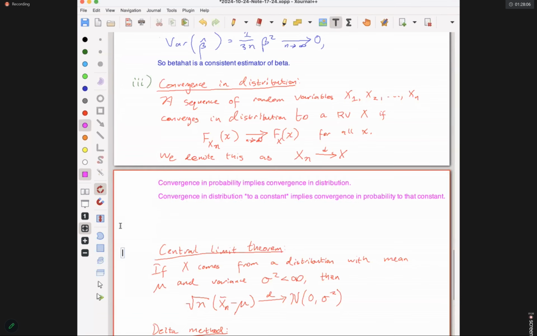So this first one is the more significant one, is that, in short, convergence in probability is a stronger condition than convergence in distribution. Does this make sense? Okay.